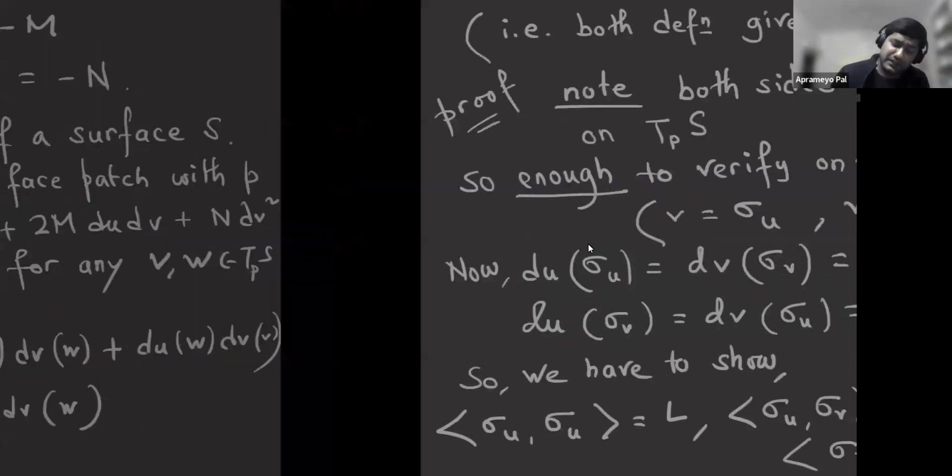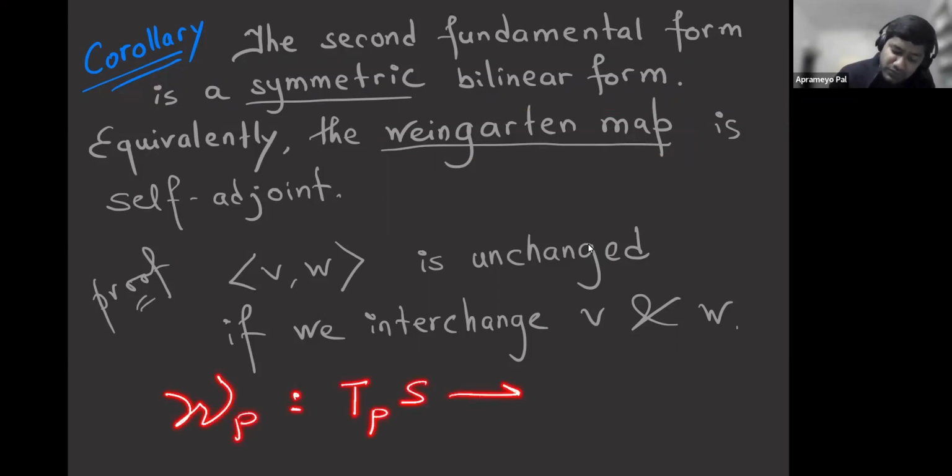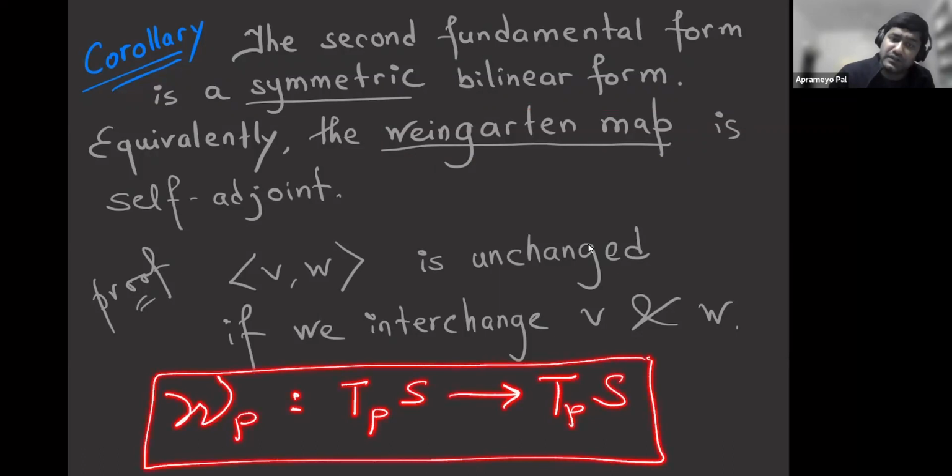And since the Weingarten map is a linear map, recall the Weingarten map was a map from TPS to TPS. So this was actually a linear map, right? And what I'm saying is this map is self-adjoint.